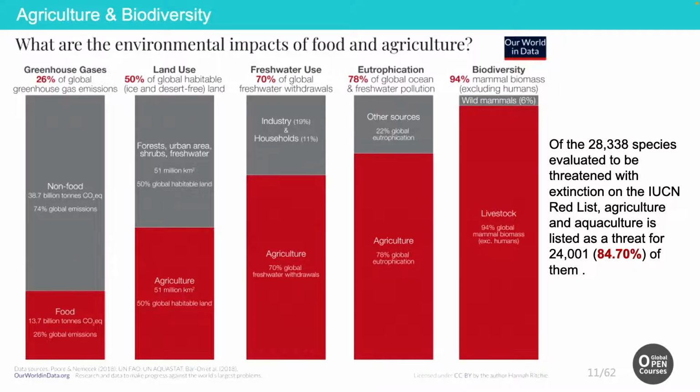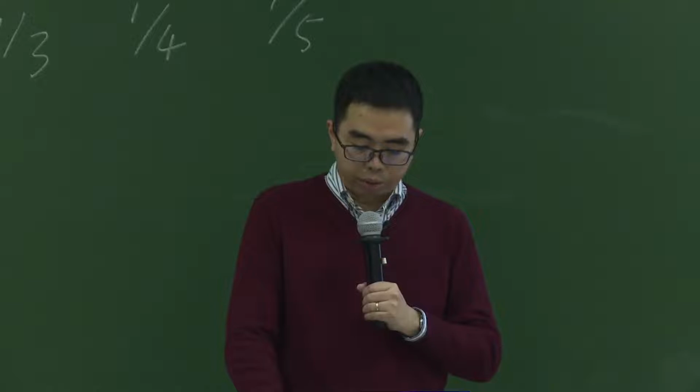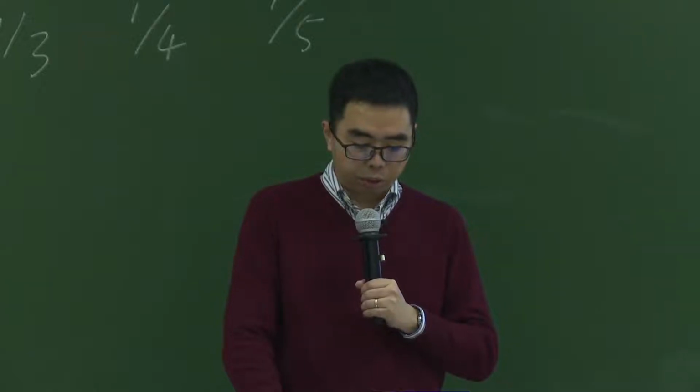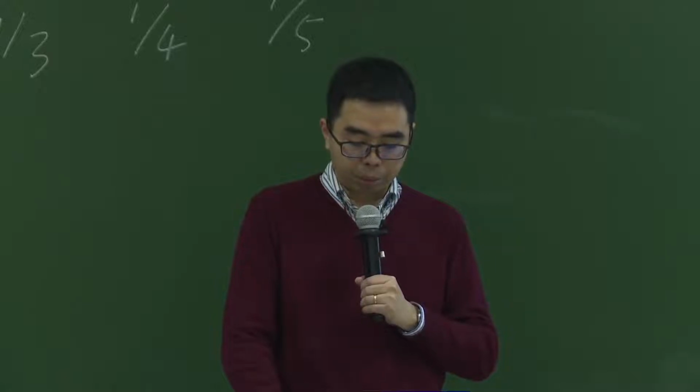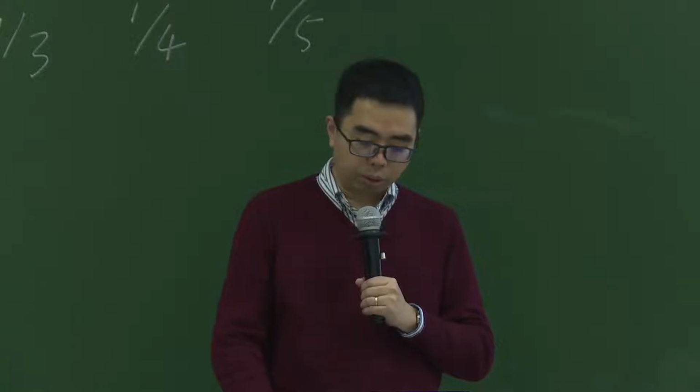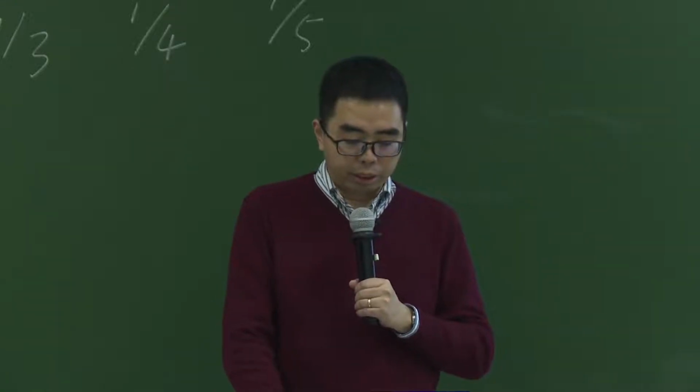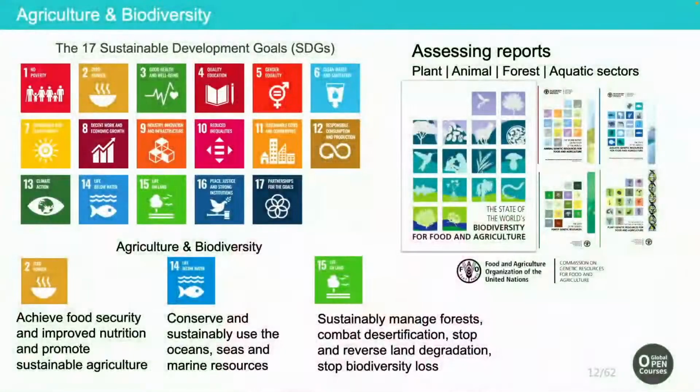Then we can conclude that food and agriculture, therefore, lie at the heart of trying to tackle climate change, reducing water stress and pollution, restoring lands back to forests or grasslands, and protecting the world's wildlife.